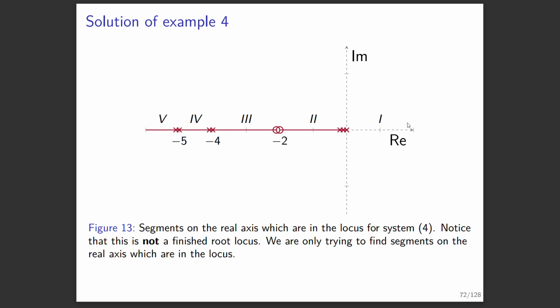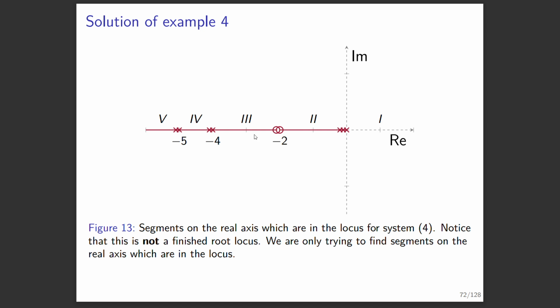Which one of these segments are in the locus? Well, segment 1 has nothing at the right hand side of it, so that is not in the locus. Segment 2 has 3 poles and no zeros on the right hand side of it, so 3 plus 0 is 3, which is an odd number, so segment 2 is in the locus.